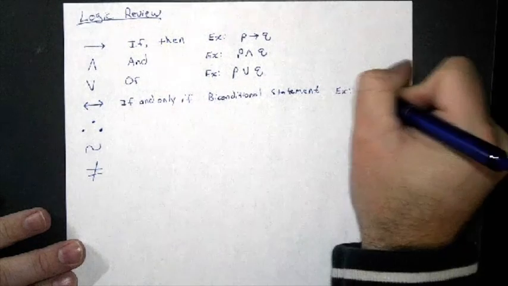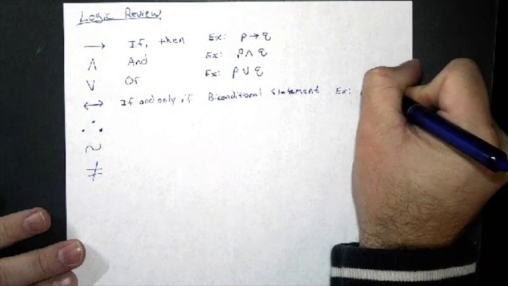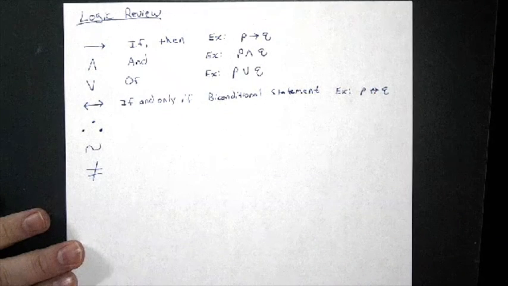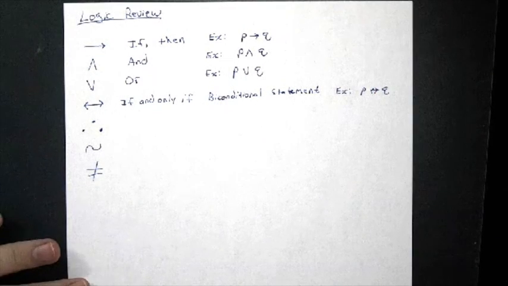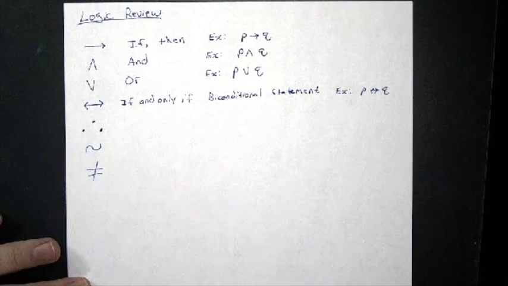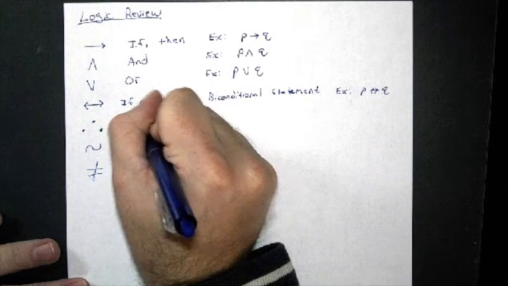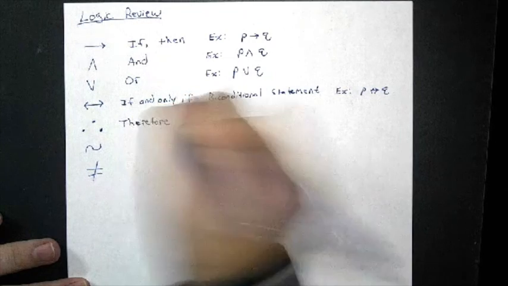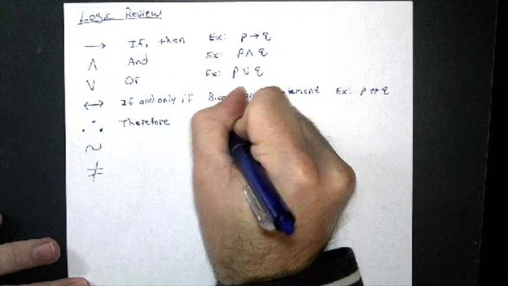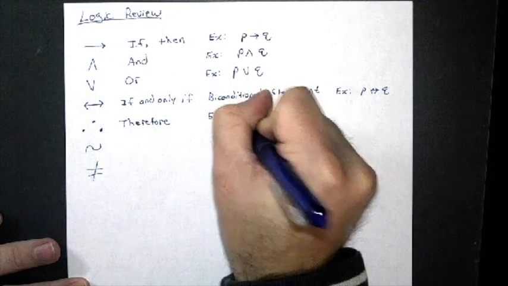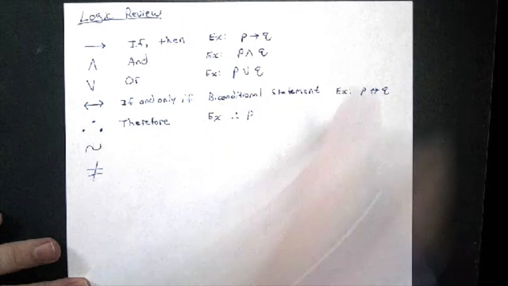And the way you may see that is P if and only if Q. Our next symbol, the three dots in the shape of a triangle, is the symbol for therefore. And an example of that would be therefore P.